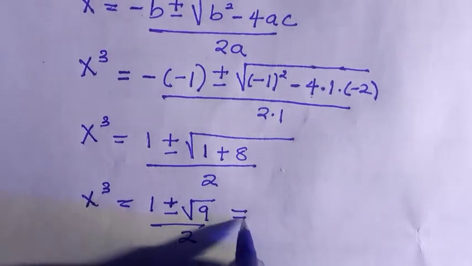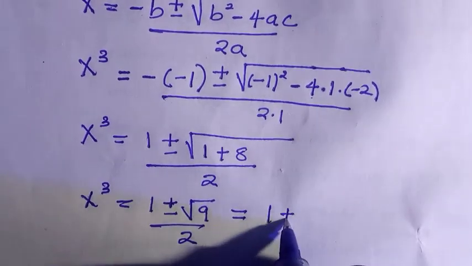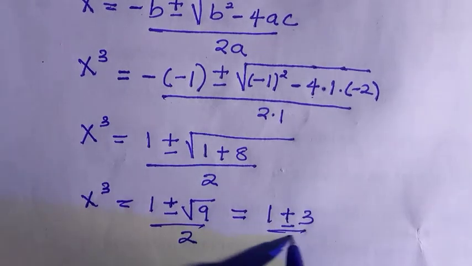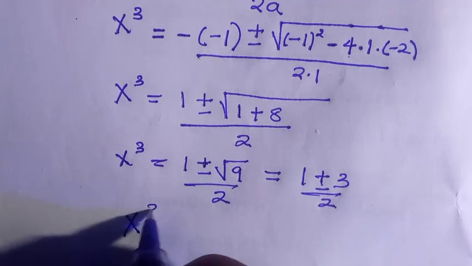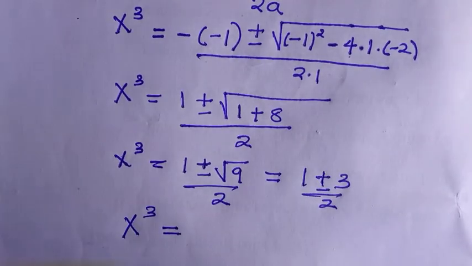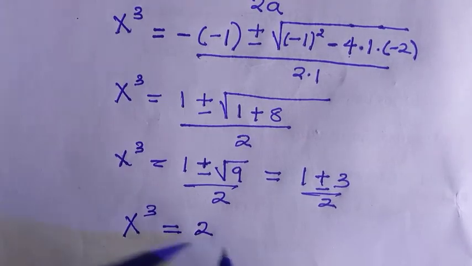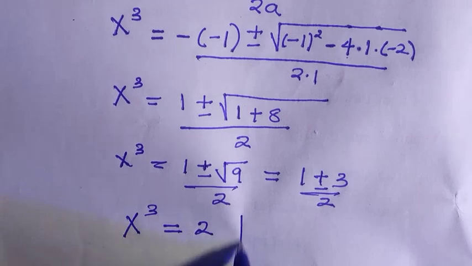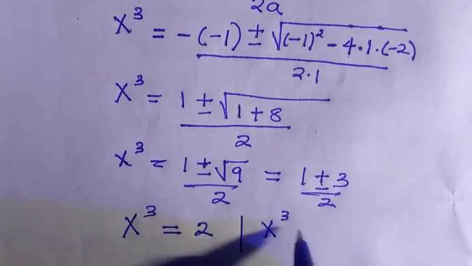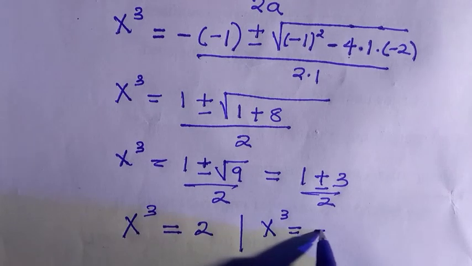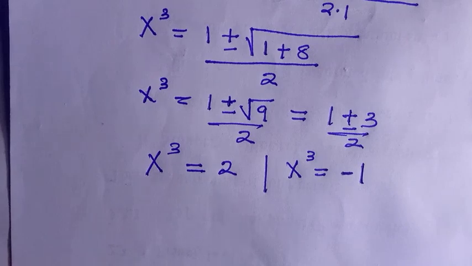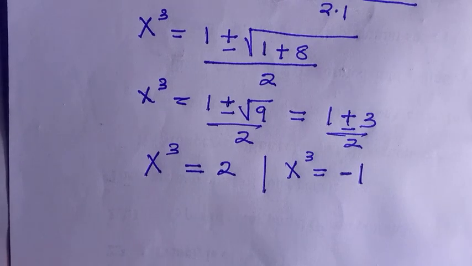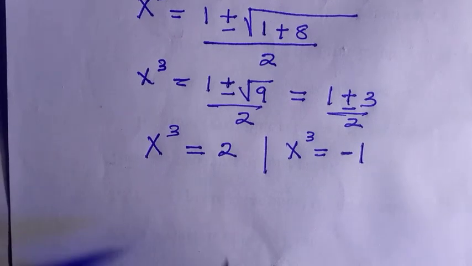So we have 1 plus or minus 3 divided by 2, and by separating this with plus or minus, we have x raised to power 3 equals 2, or x raised to power of 3 equals negative 1. Here is the first stage. Let's see how to find all the 6 roots.